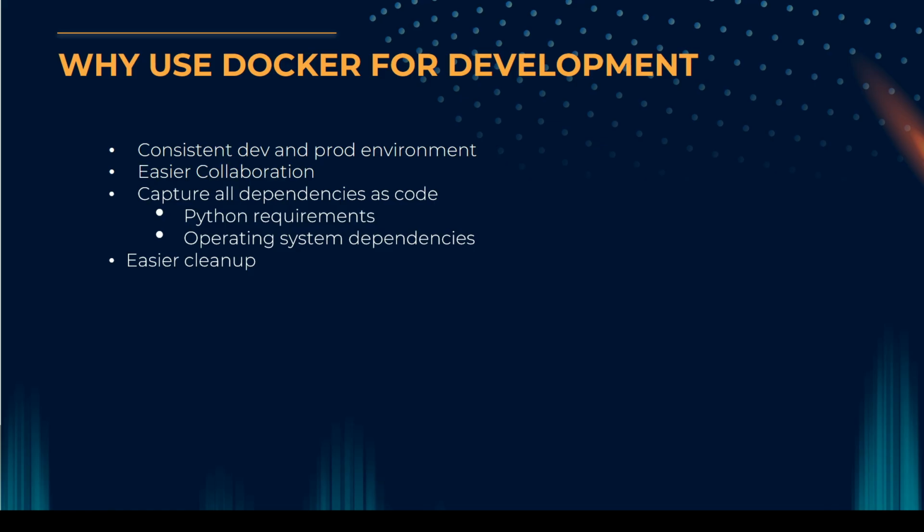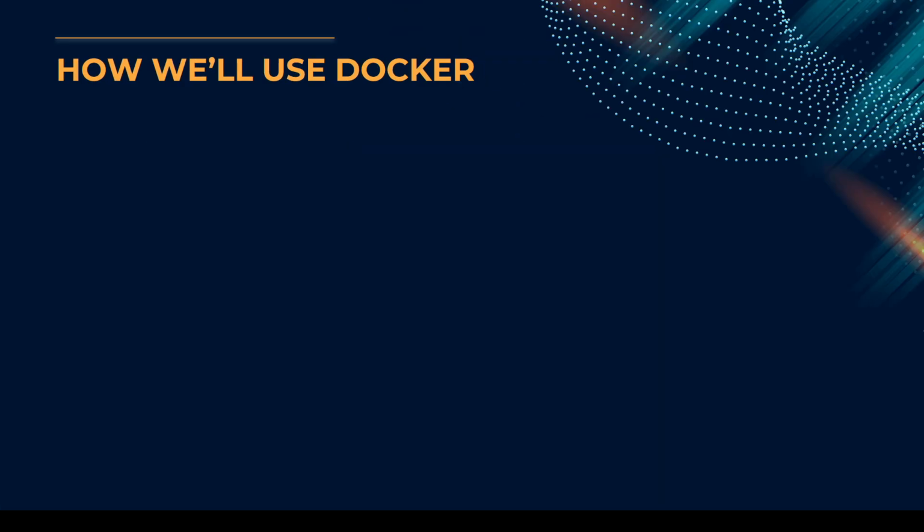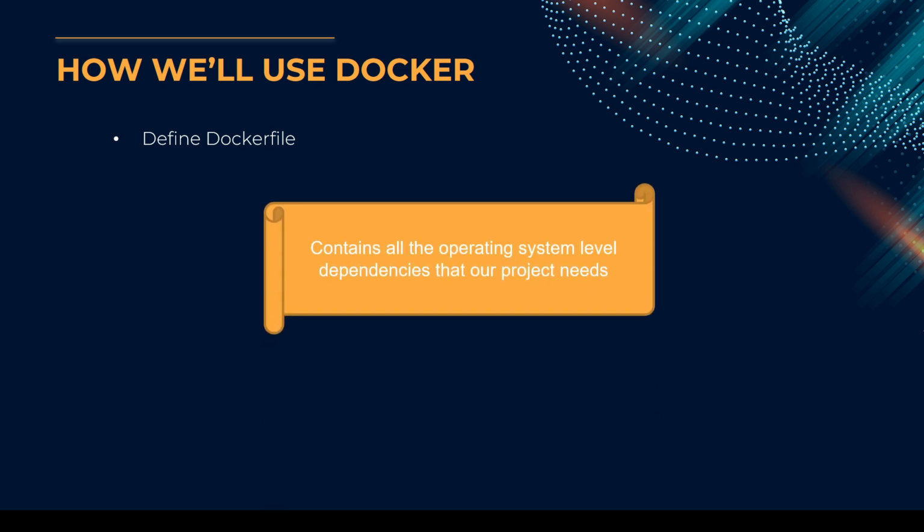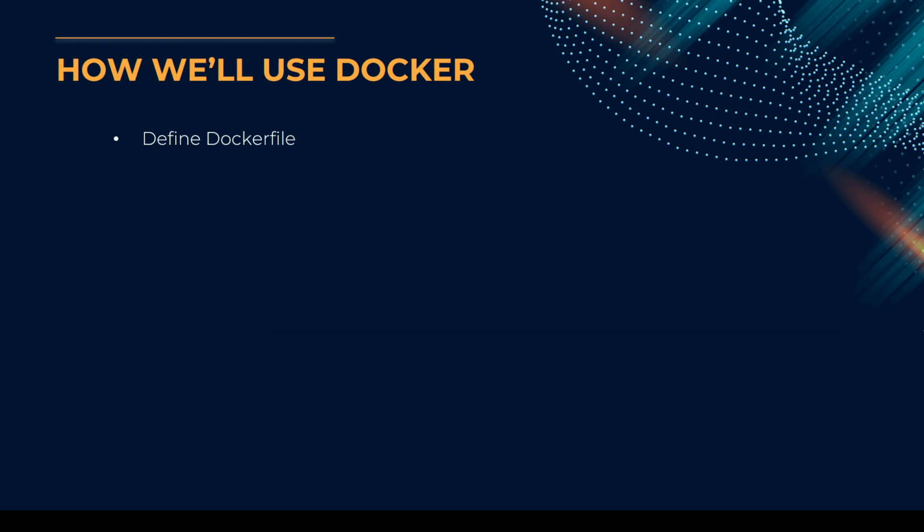So, how are we going to use Docker when we are developing our Django project? First, we'll define a Dockerfile. The Dockerfile is going to contain all of the operating system level dependencies that our project needs. Then we'll create a Docker Compose configuration.